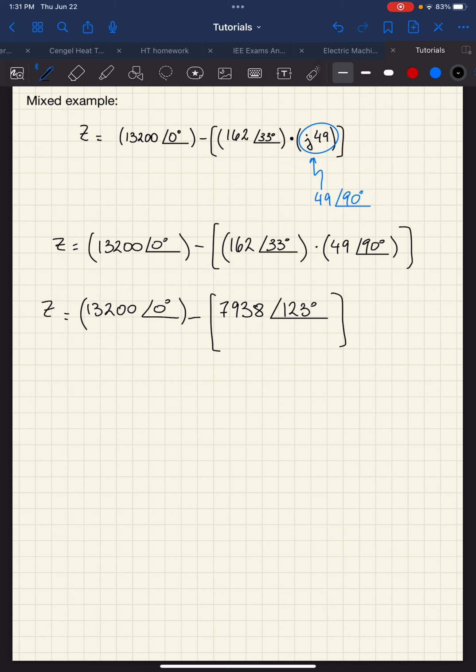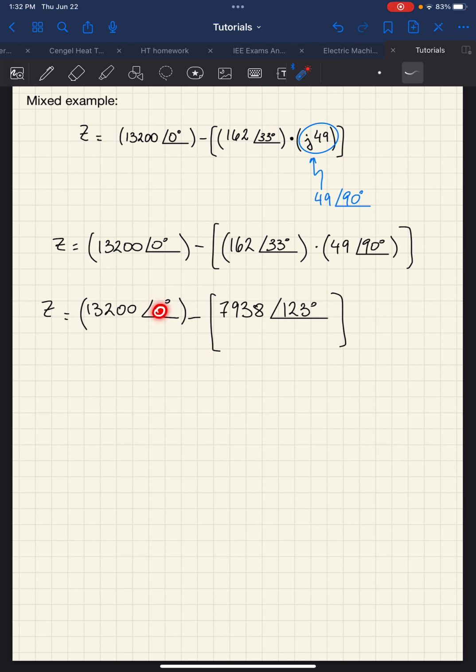Now we kind of have not so good a scenario because we have to subtract, but these are in polar form, so we have to convert both of them into rectangular form. This one is sort of like a corollary to the shortcut for the j. If it's just a number, angle 0, it means that this is just a real number. There's no imaginary part to it.